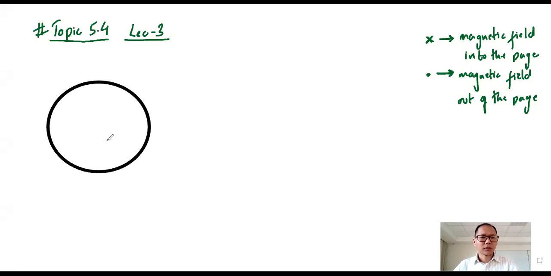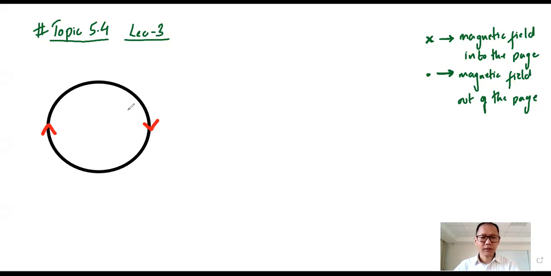Let us assume this is a circular wire now, and we have a current that's flowing in this direction here. In order to find the directions of the magnetic field, there are some tricks that you can use. In this case, we could use a trick like this.